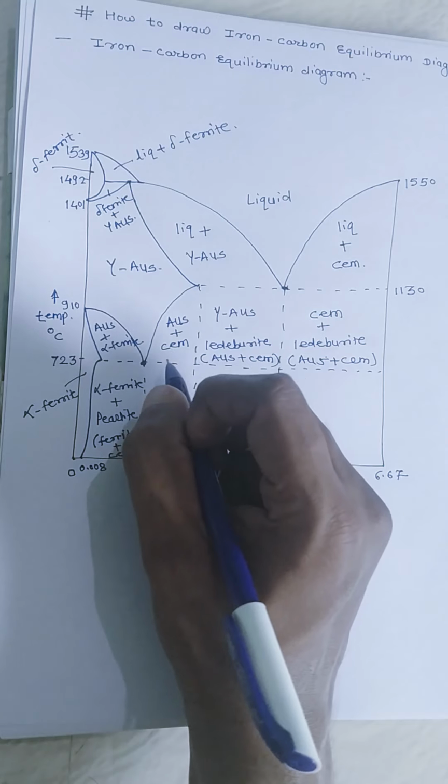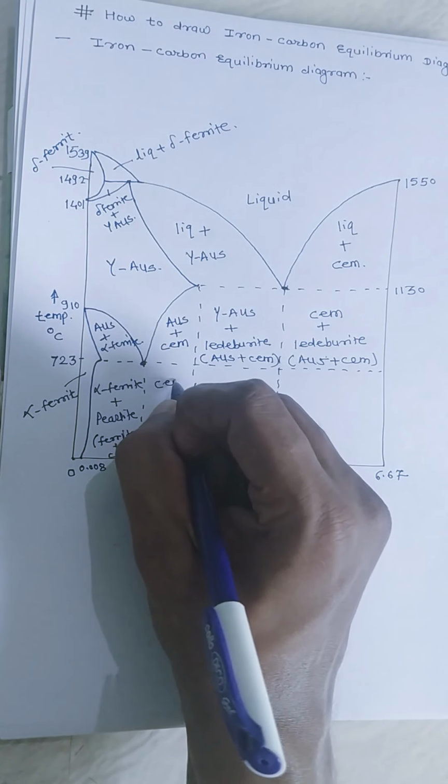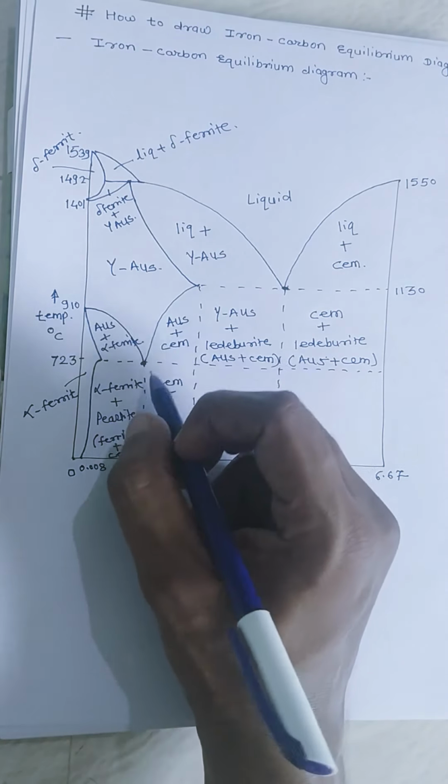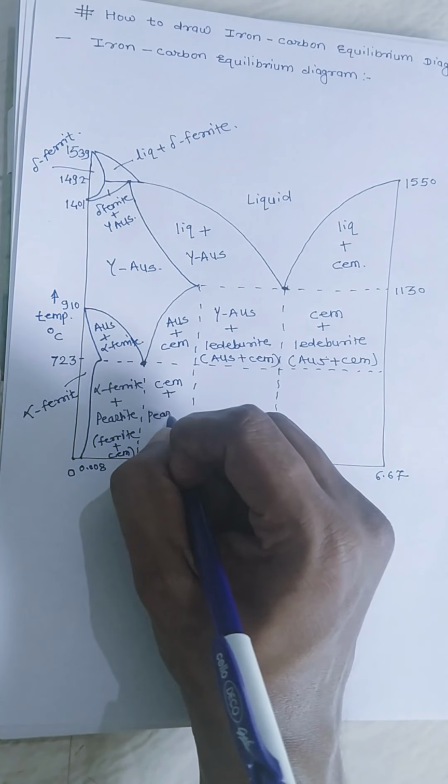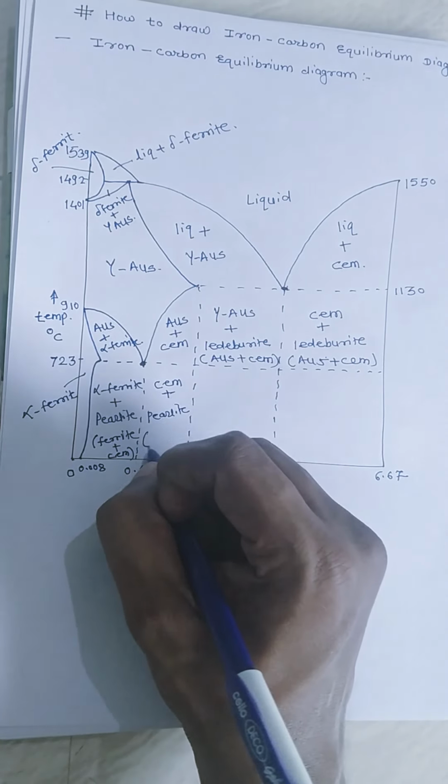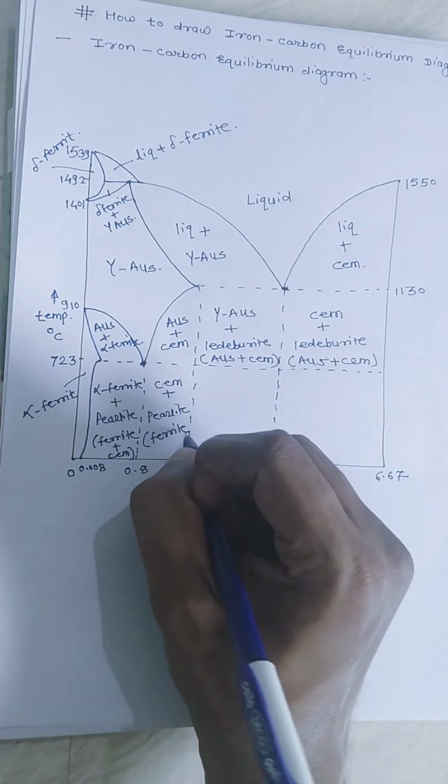Here cementite remains as it is and the austenite gets converted into pearlite, meaning alternate layers of ferrite and cementite.